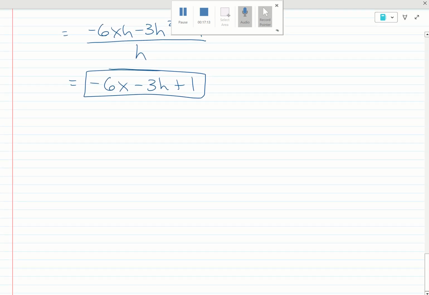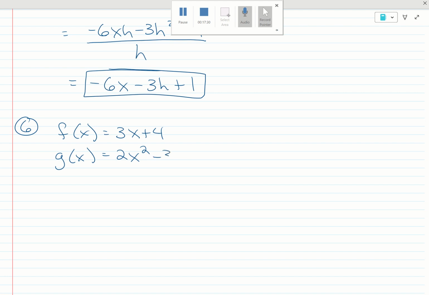Next, problem number 6 is it's giving us two functions where we know f of x is equal to 3x plus 4 and g of x is equal to 2x squared minus 3.